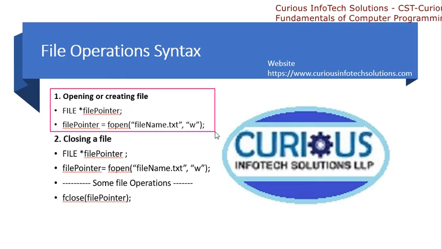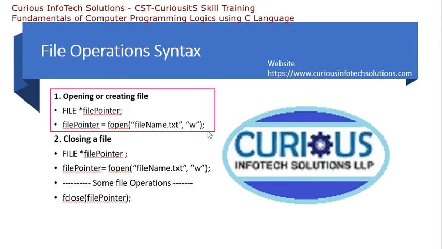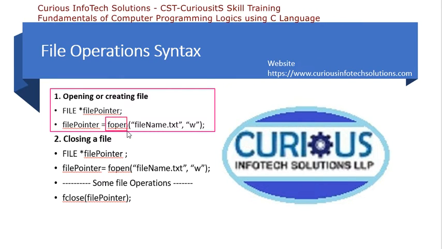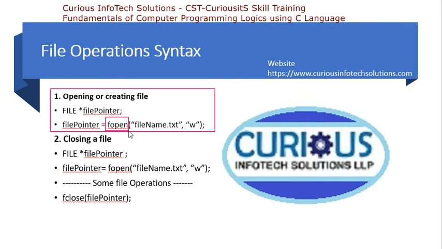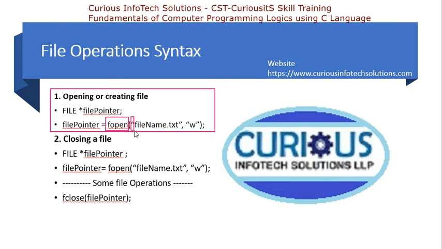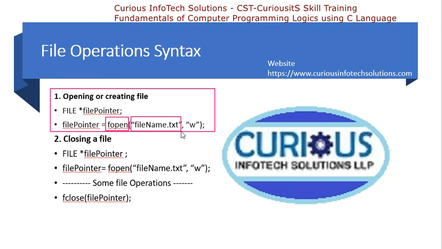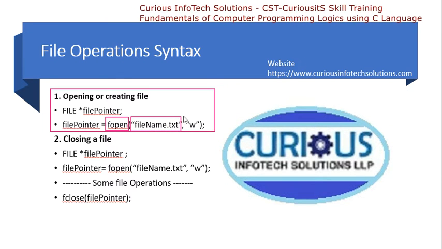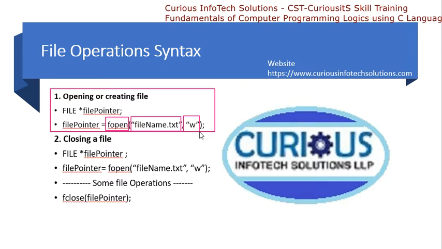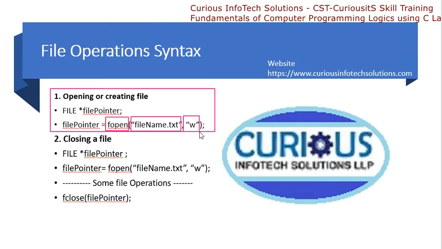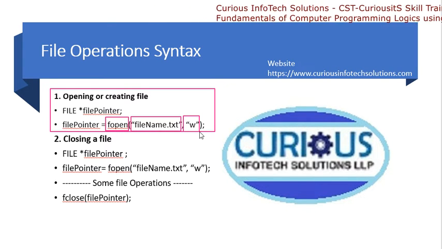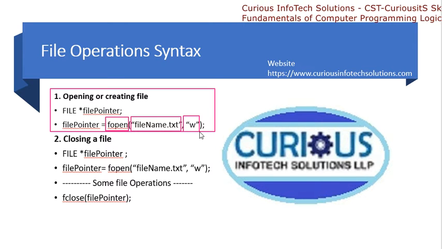By this file pointer we can use fopen. We have already seen fopen in the previous slide. The first parameter is the name of the file, and then the mode in which you are going to open your file.